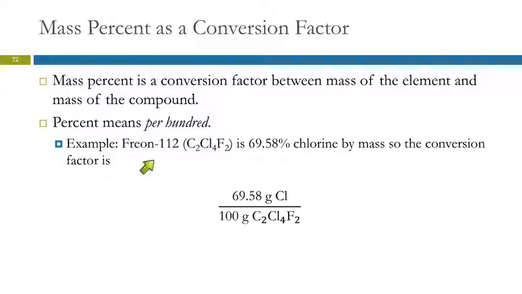So Freon 112, this is its chemical formula. 69.58% chlorine by mass. So we can take that and say, well, that means 69.58 grams of chlorine per 100 grams of Freon 112. That's what percent means.